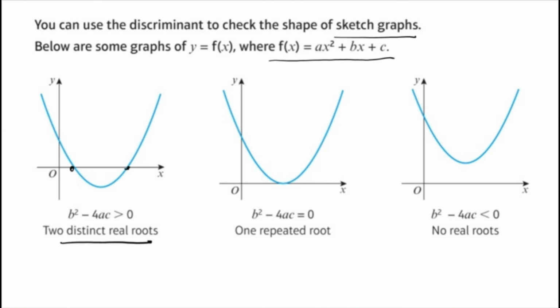If b squared minus 4ac is equal to 0, it has 1 repeated or same root, meaning your function is just touching the x-axis at only 1 point. And if b squared minus 4ac is less than 0, there is no real root, meaning your graph is not touching the x-axis at any point.